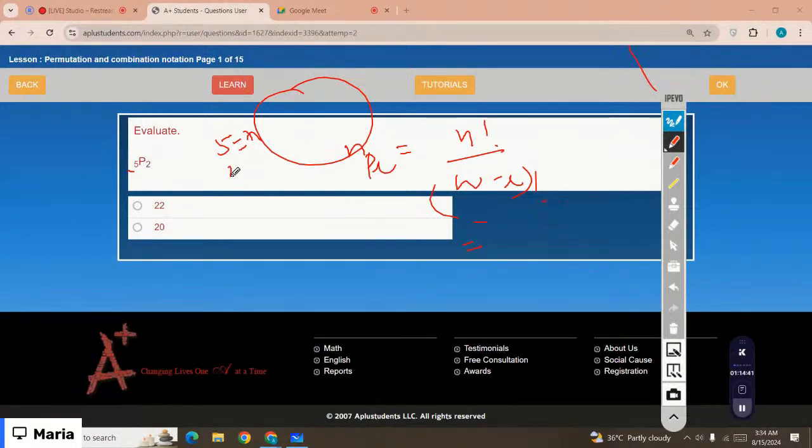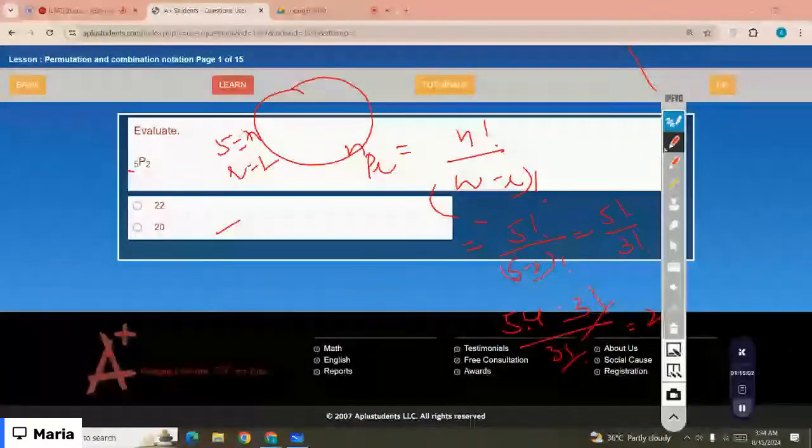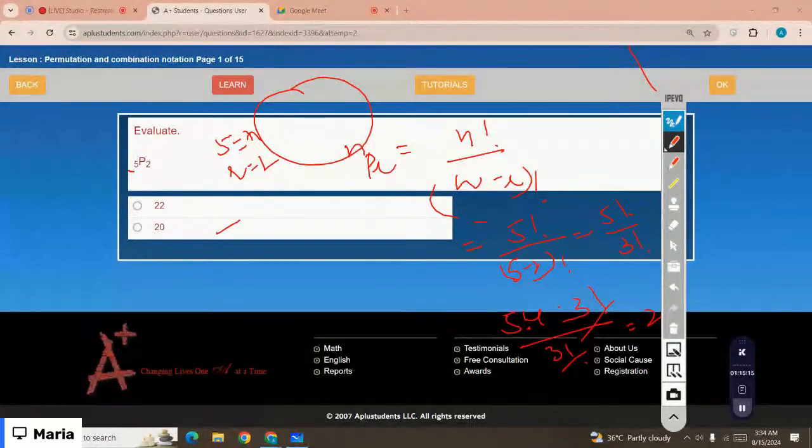So 5, 4, 3 factorial divided by 3 factorial, that is 20. Got it? So the correct option is 20.